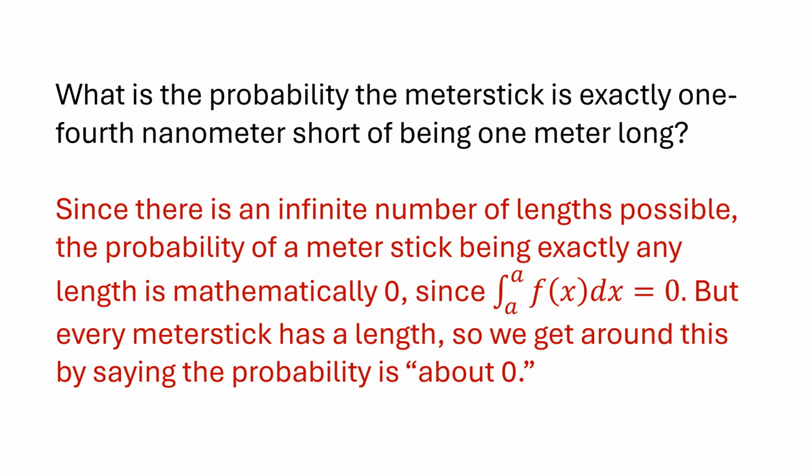But we know that if we take the meter stick and we cut one, it's got a length. And if we ask what is the probability the length we cut it, and happen to get the right number, how can that be 0? So one of the things that physicists do is they use the term about 0 or almost 0.